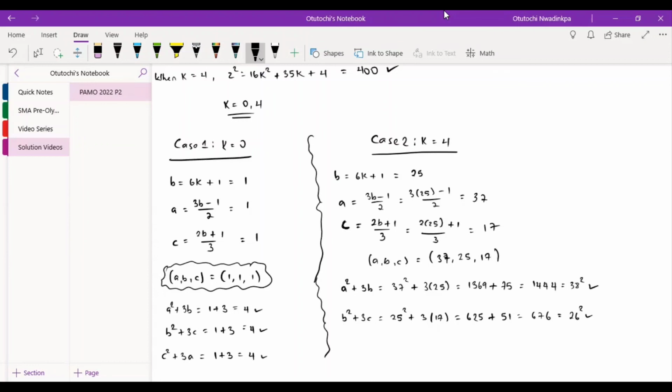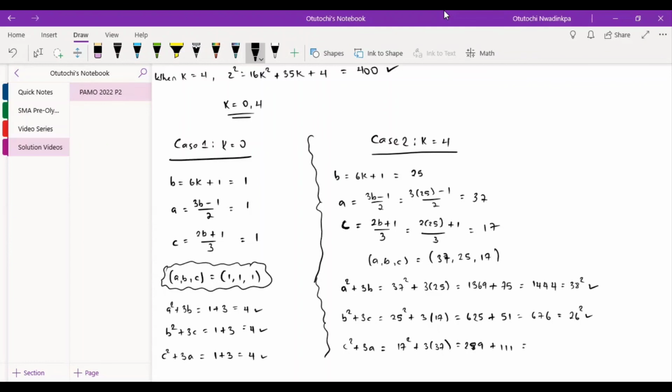And now we just have one more test case to do and we are done. So c squared plus 3a is equal to 17 squared plus 3 times a, which is 37, to give us 289, plus 3 times 37 is 111.